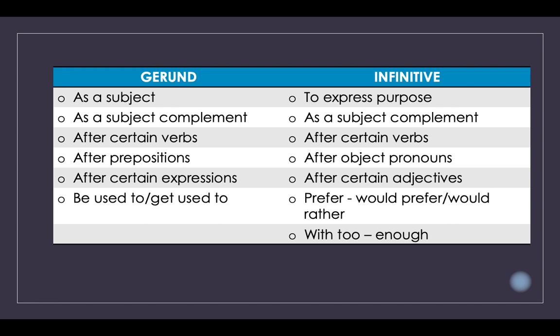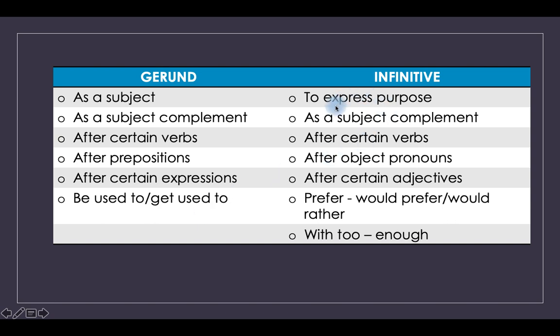If we summarize, we can say that gerunds and infinitives are used in the following cases. We can use gerunds as a subject complement after certain verbs, prepositions, some expressions, and after be used to and get used to.